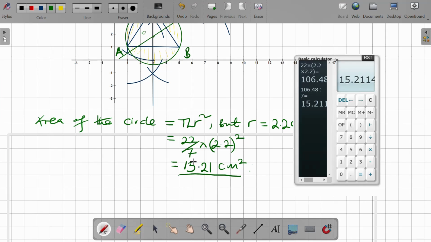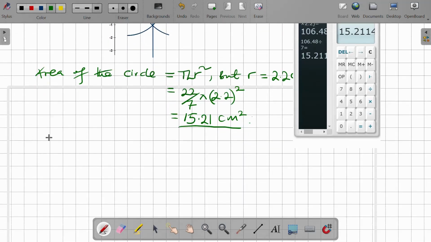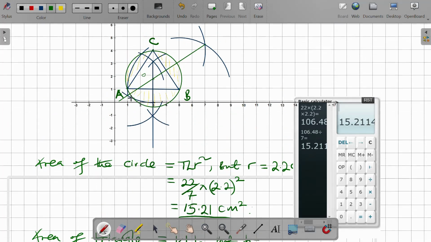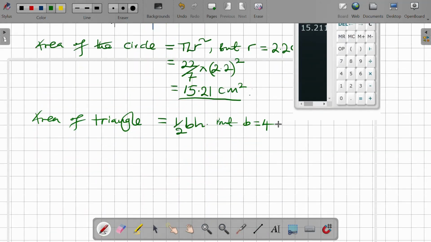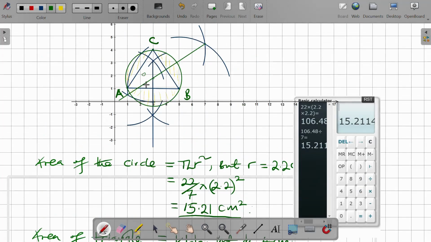Then we can go ahead to determine the area of the triangle. Area of triangle is equal to half base height. Our base, from the graph here, is running from 1 to 5, meaning our base is 4 centimeters. Then our height runs from here.